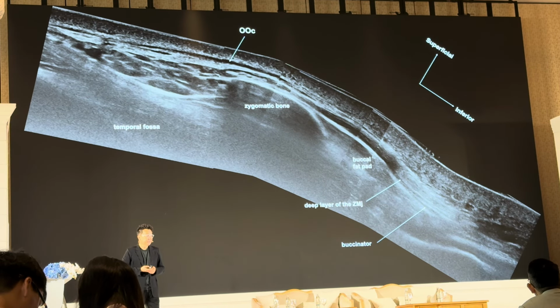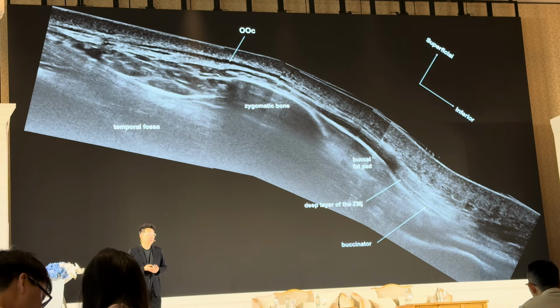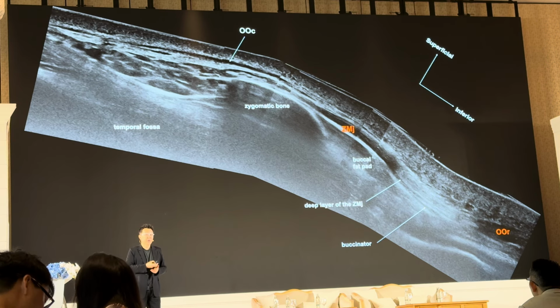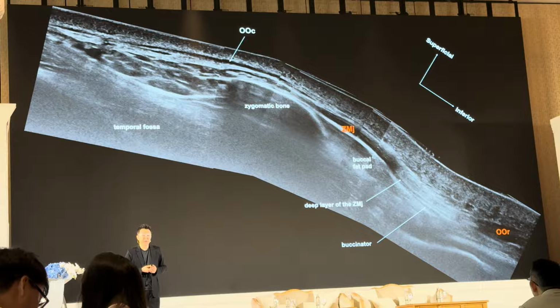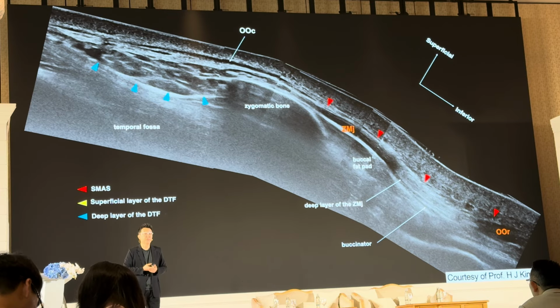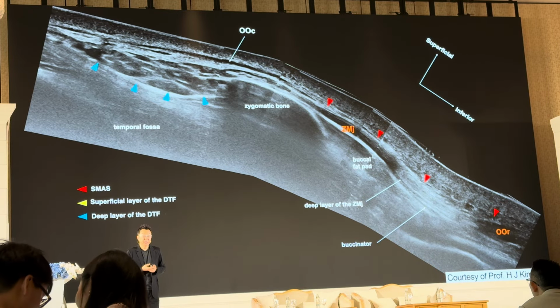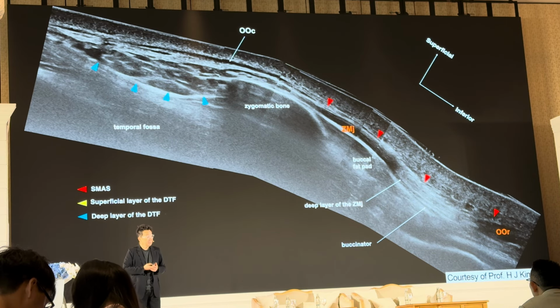Once again, from the scanning by ultrasonography, you can see the anatomical structures, which are major, even in the orbicularis oris muscles. And you can see the basic fascia structures, such as the deep layer of the deep temporal fascia in blue, and the red arrowhead indicating the SMAS plane.